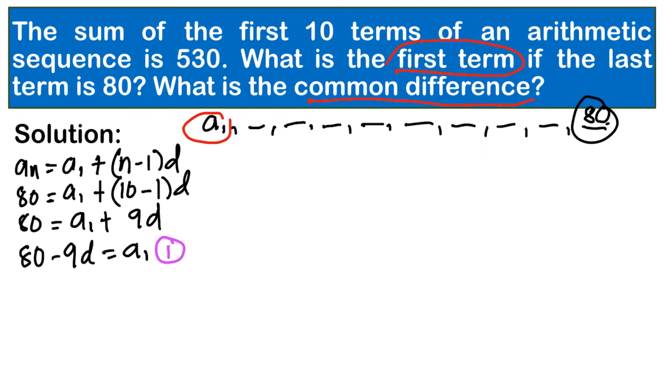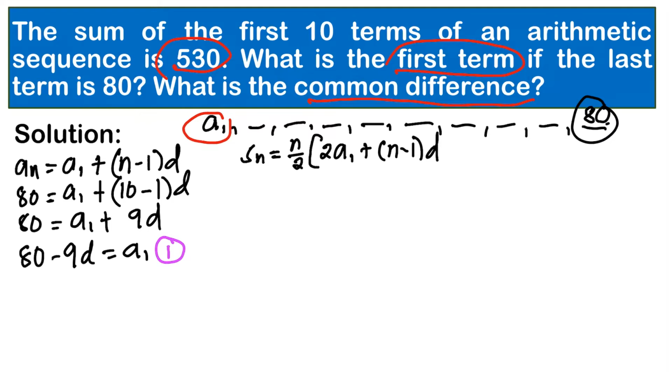So this is our first equation. The next one is we are given the sum of these first 10 terms, and that is 530. So we're going to make use of this given, using the formula s sub n equals n over 2 times twice the first term plus n minus 1 times d.